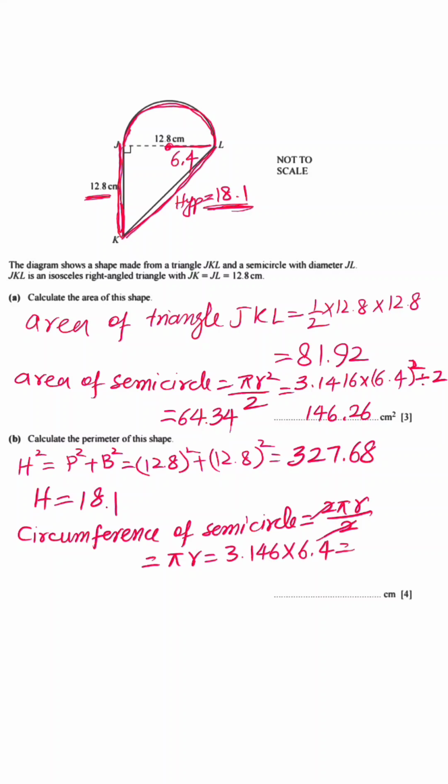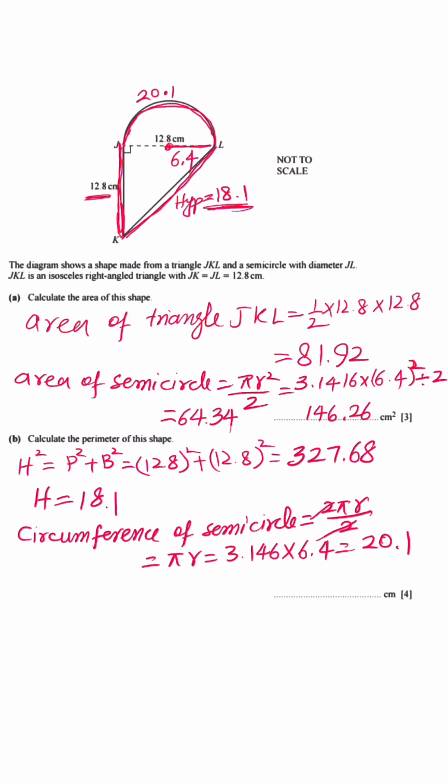So let us calculate this now. It is 6.4 multiplied by 3.1416. It is 20.1. So this curved part here is 20.1. You can see in the shape in the figure.